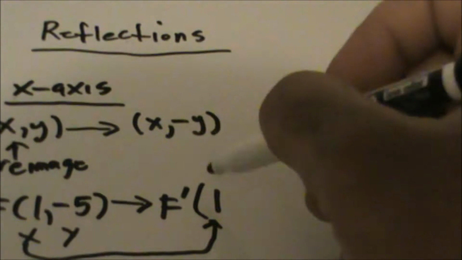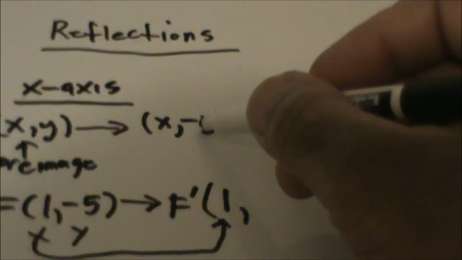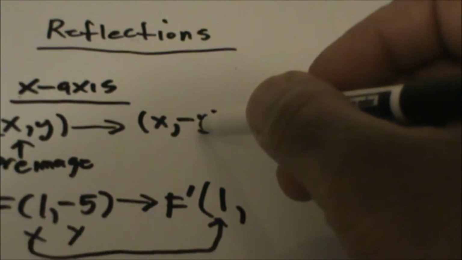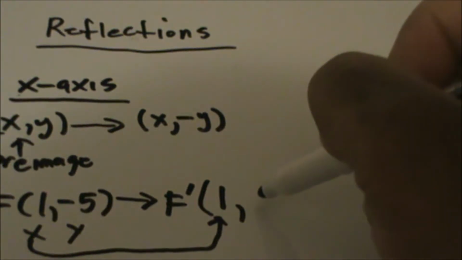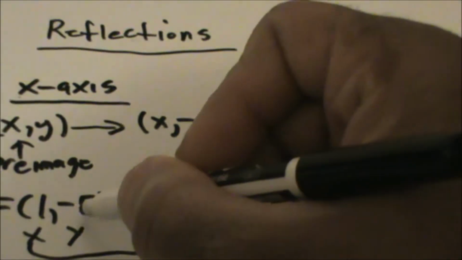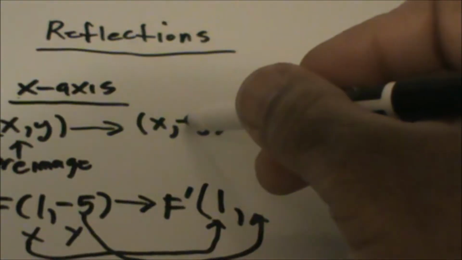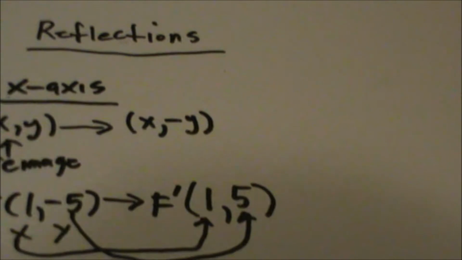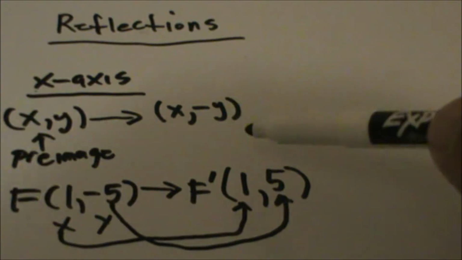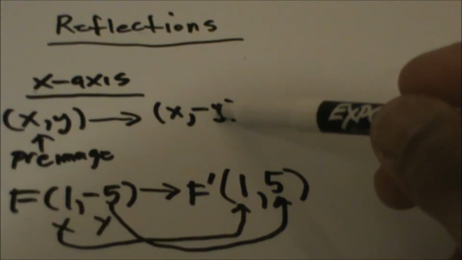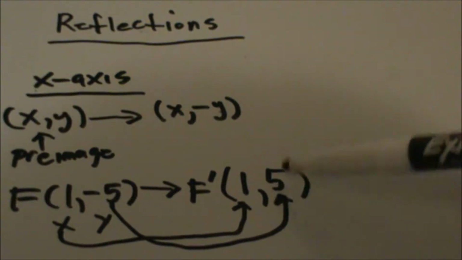X stays the same, just like this, but this is y. Y is -5, but here in the reflection, y becomes positive. So that means that y has a negative value multiplied already in the reflection type. So if I look at -5, -5 times a negative will make this positive. Look, -5 is already y, but in this reflection, -y has been multiplied in this transformation. So -5 times a negative will give you a +5.